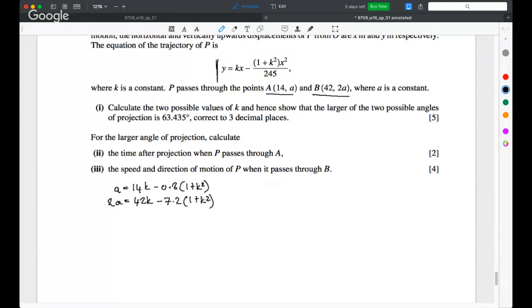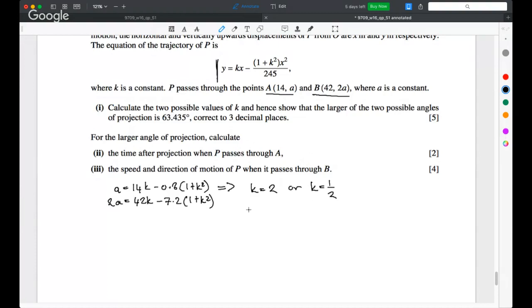And so we have two equations. We can get rid of the a and solve for k. So this gives us that k is either equal to 2 or k is equal to 1/2. So that's simple, just solving a quadratic equation. In fact, you can even factorize. It doesn't require use of the formula.